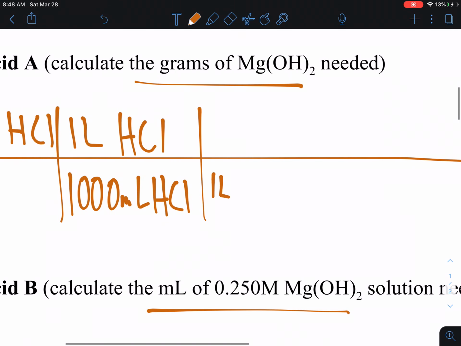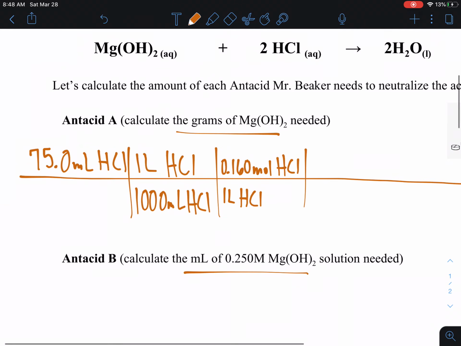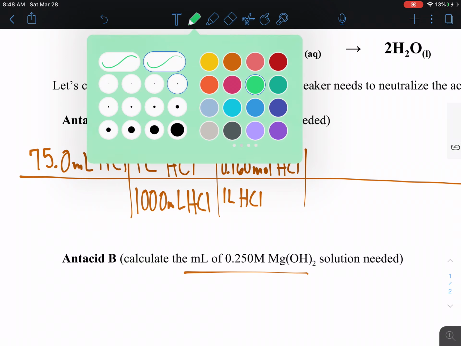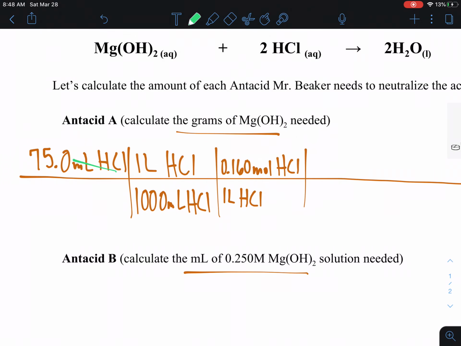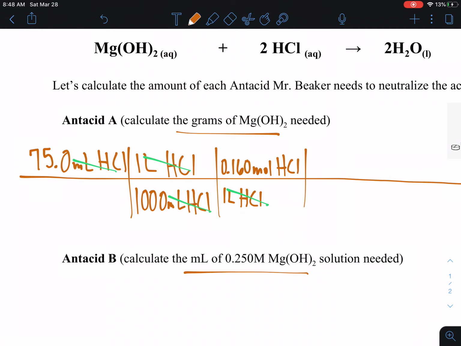So for every liter, 0.160 moles of acid. And notice, just like always, we have milliliters of acid canceling, liters of acid canceling, and so next up will be our moles of acid canceling.